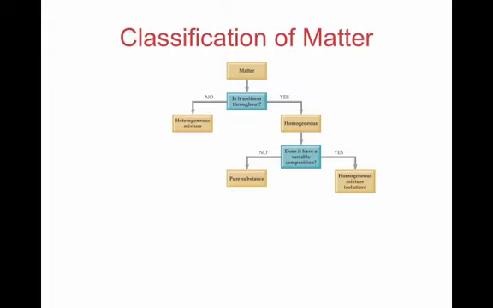We have two types of pure substances, and we separate them like this. Can it be separated into a simpler substance? If not, if it is all one substance, if it cannot be broken apart chemically or physically, then it is an element. We know that there are 117 known elements, but only about 100 of those on the periodic table make up all matter, because around 17 of them are man-made or synthetic. They vary in abundance.